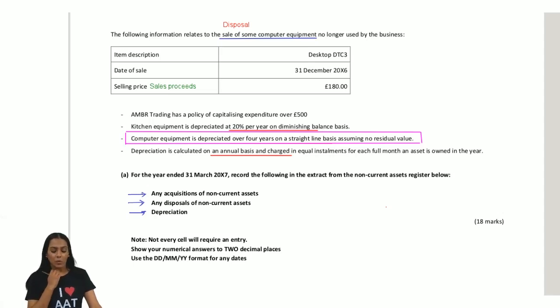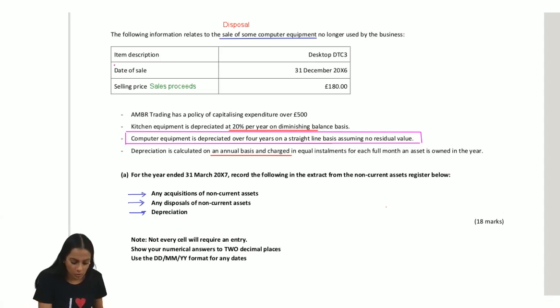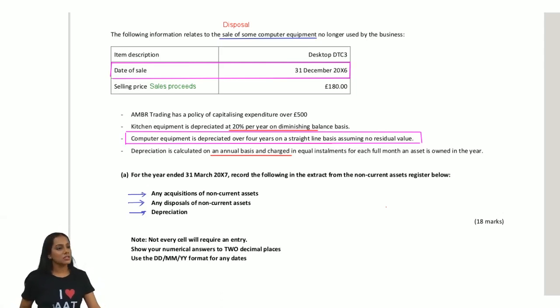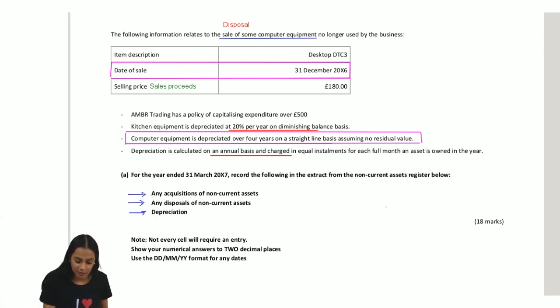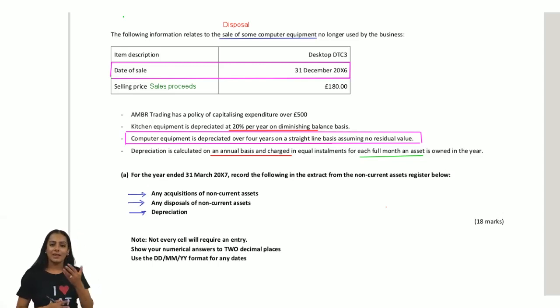In this situation, we've got a useful life of 4 years, but the computer equipment was sold on the 31st of December 2016. The asset was disposed of part way through the current year, and the next bullet point says that depreciation is calculated on an annual basis, charged in equal instalments for each full month an asset is owned in the year. So if your year ends on the 31st of March each year, your years start on the 1st of April.